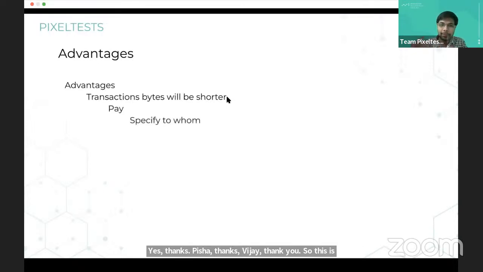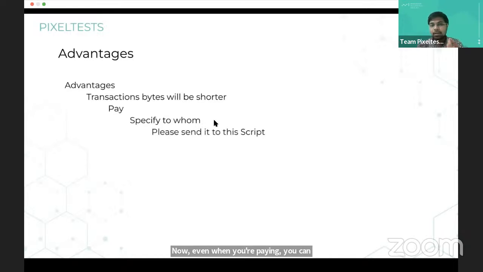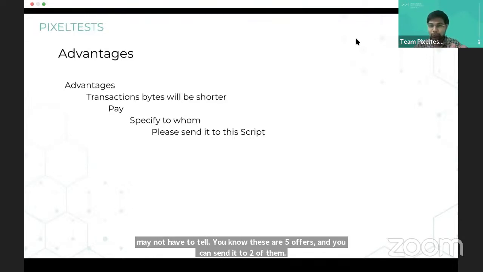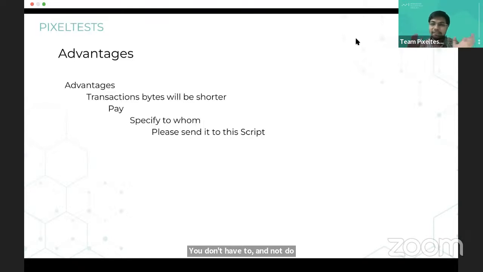Now, even when you're paying, you can specify to whom. You do not have to say send to this key, these 5 people or 2 people's keys. You can just give the script. You can say, please send it to this script. You need not tell that these are 5 of us and you can send it to 2 of them. You don't have to specify individual public key hashes.